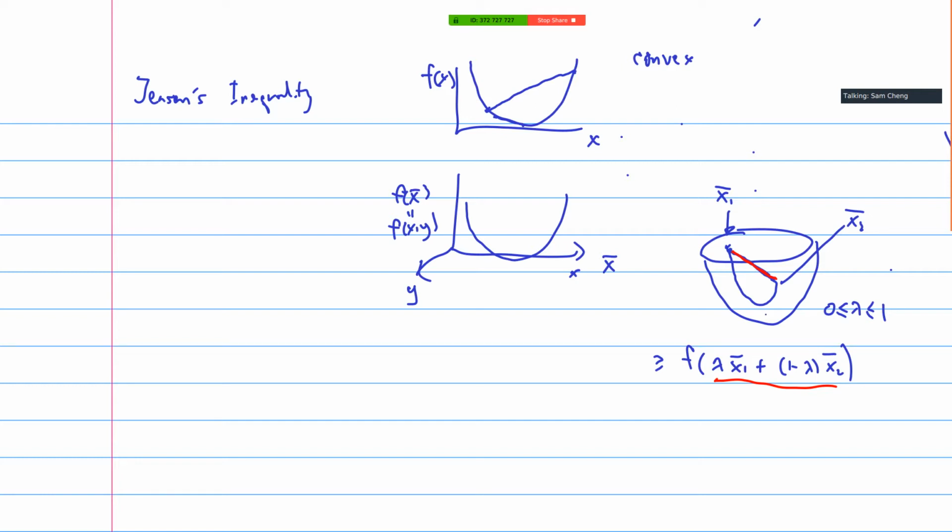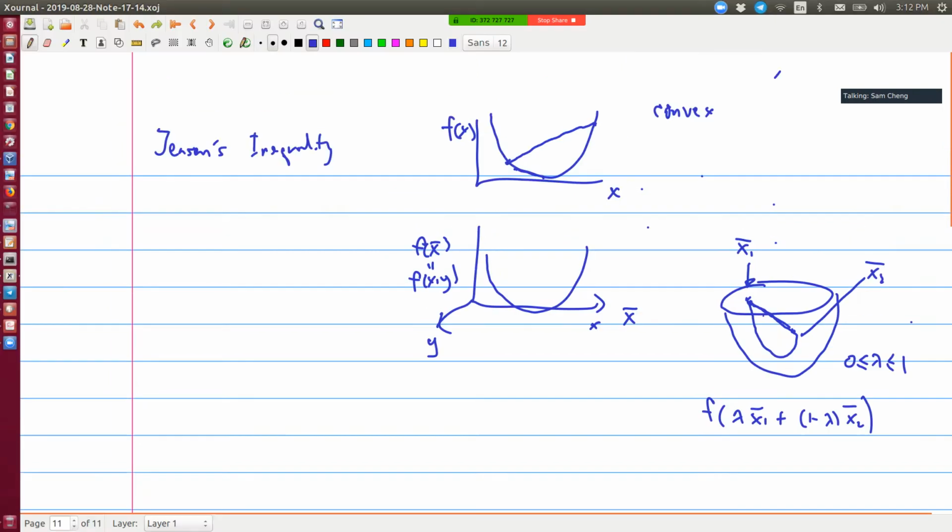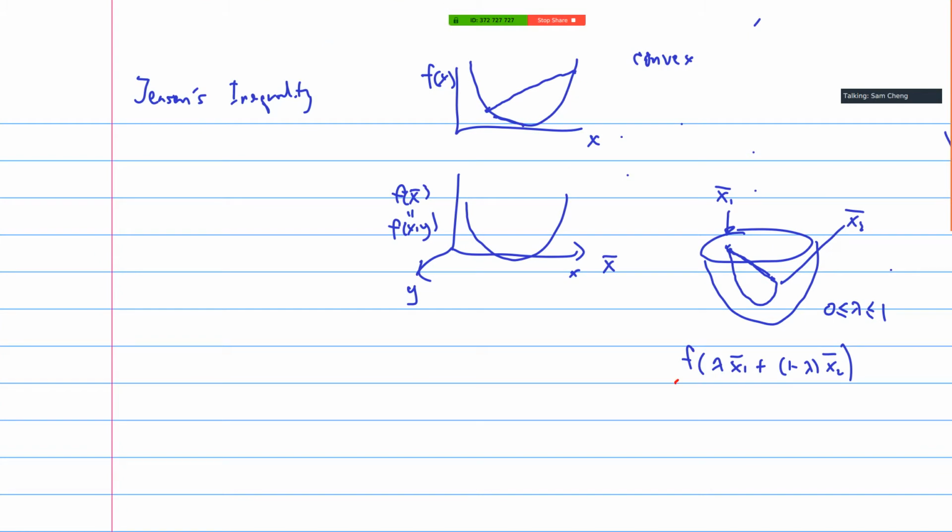Oh, okay, I actually didn't draw it very well. I should say, this value here, f of this guy, is basically this line here, right?